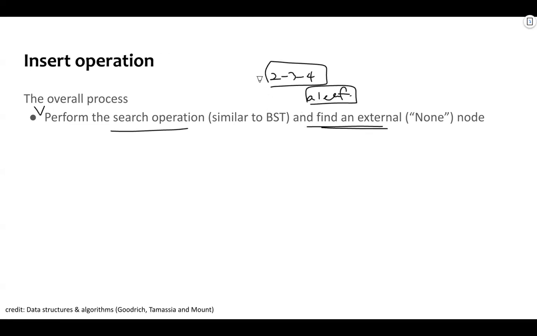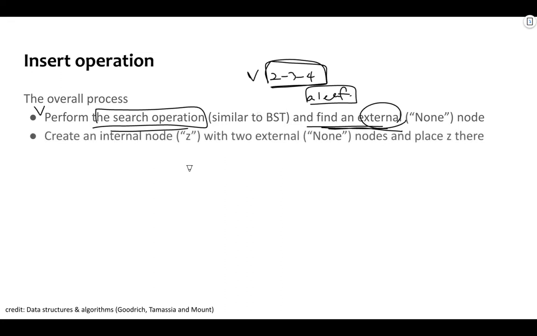Because we did that for 2, 3, 4 trees, we're going to do a similar thing. We're going to do a search operation to the bottom and find an external node. And this external node is at the bottom of this red-black tree, or the corresponding 2, 3, 4 tree has it on the bottom.